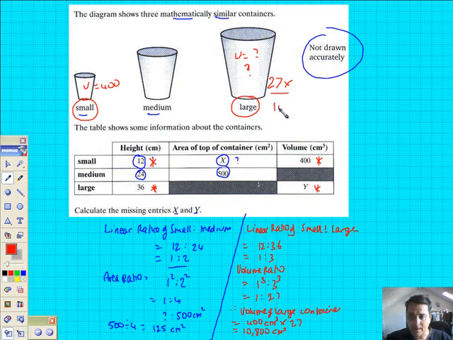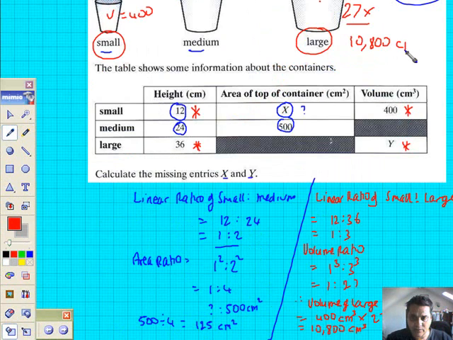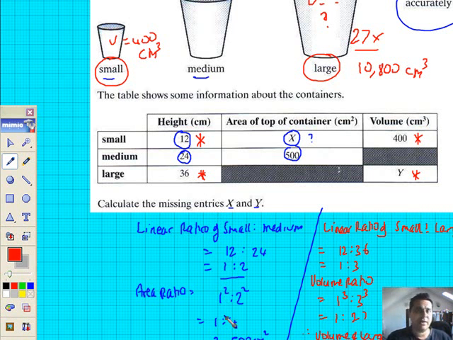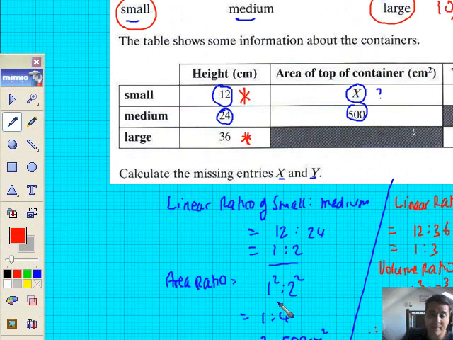There it is. 10,800 cm cubed. The little baby one was 400 cm cubed. Don't really care about that one. Don't have to work it out. Can do, don't want to. And that's very definitely grade A. It's a lovely way to finish the topic, and that's all I want to do with that.